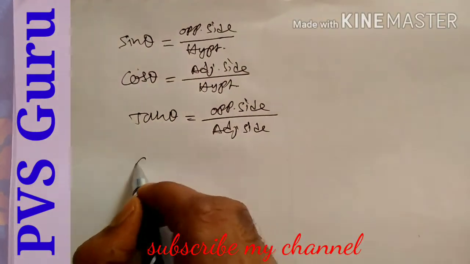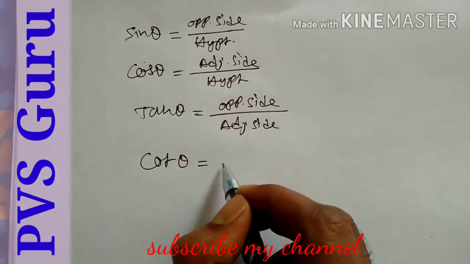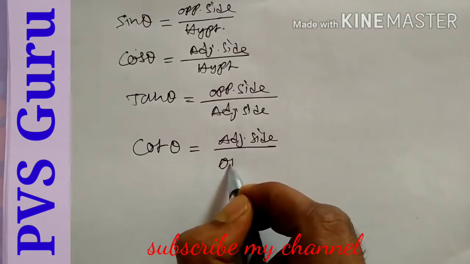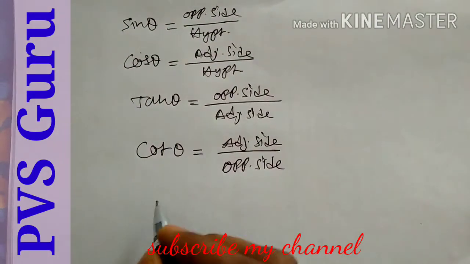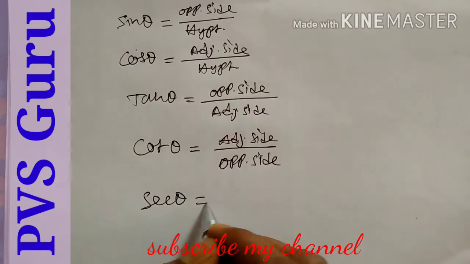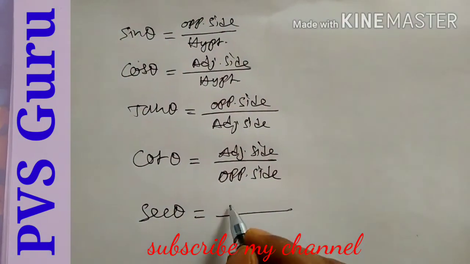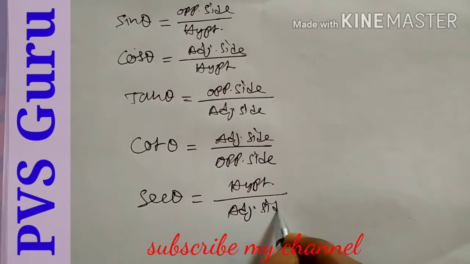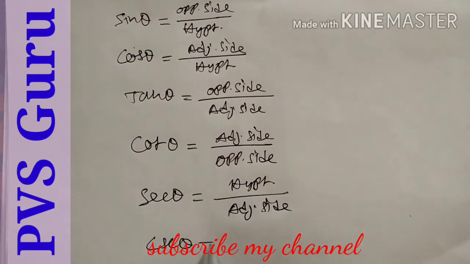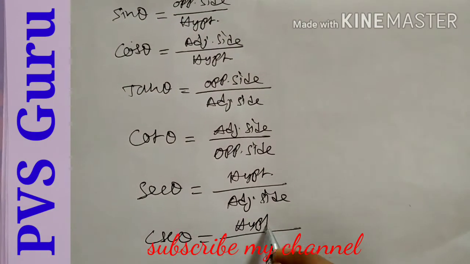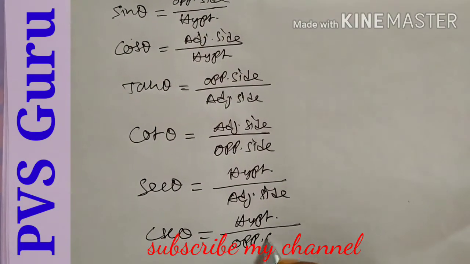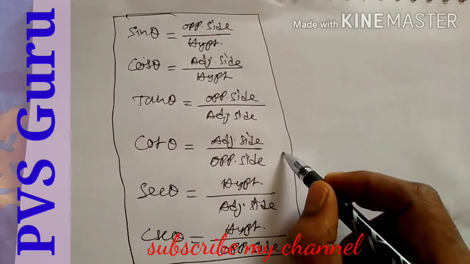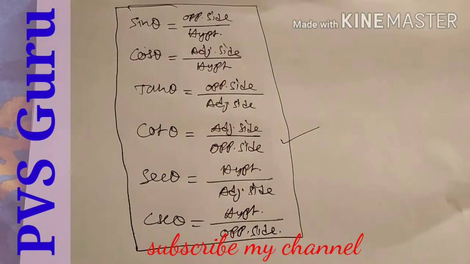So cot theta is equal to adjacent side by opposite side. Secant theta is equal to hypotenuse by adjacent side. Cosecant theta is equal to hypotenuse by opposite side. In this video we learned only about these 6 trigonometrical ratios.